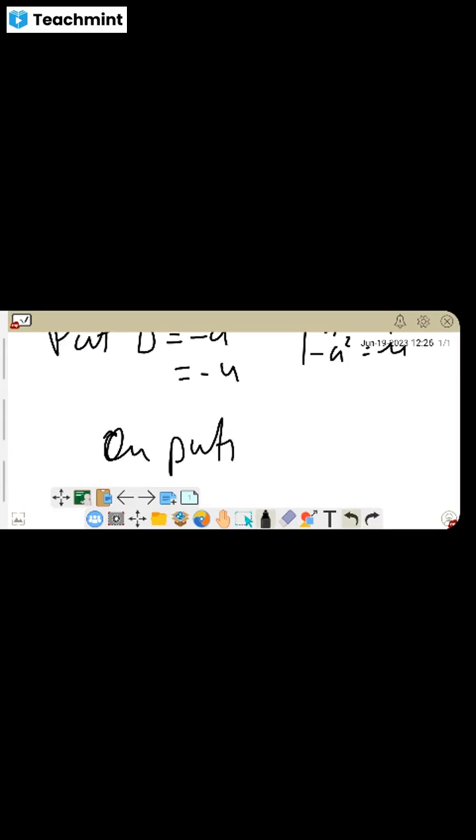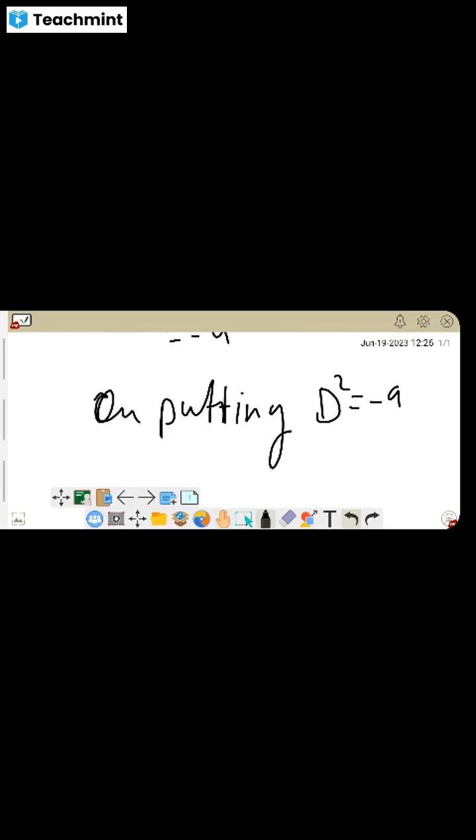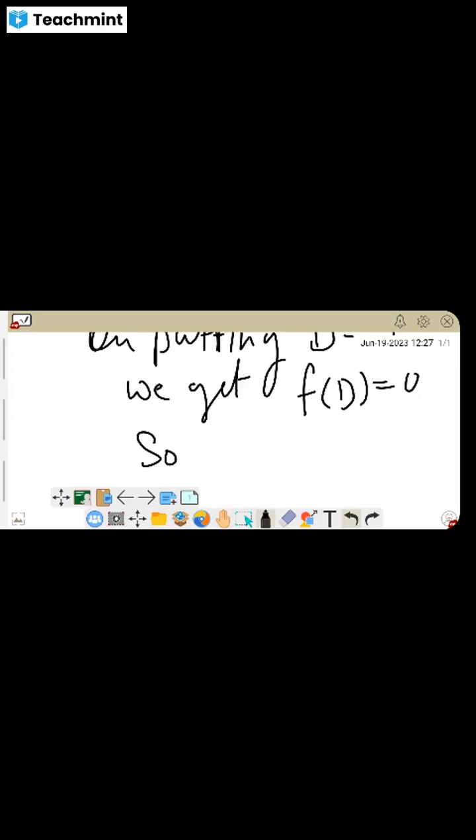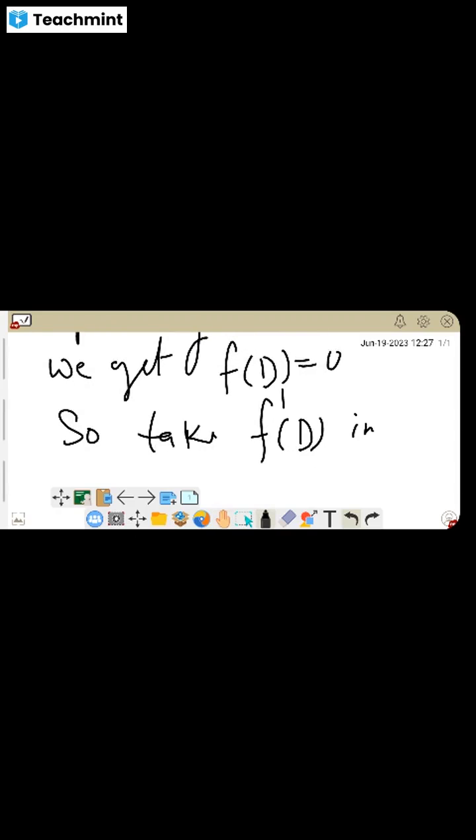On putting D square is equal to minus a square, we get f(D) equal to 0. So take f dash D instead of f(D).